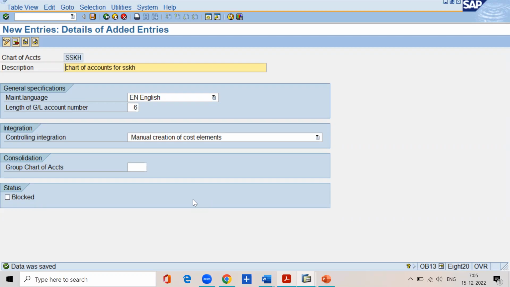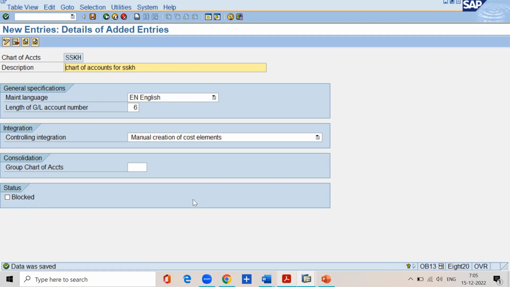Under that, controlling integration. There are two options for the controlling integration in the chart of accounts.